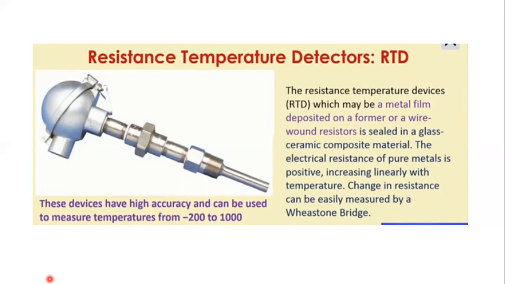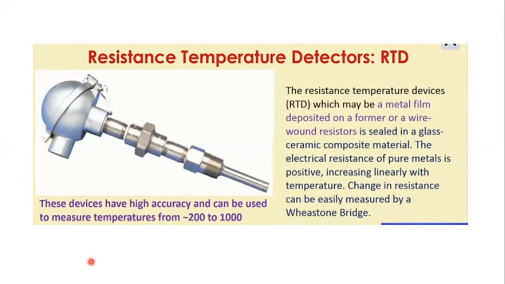And we use copper wires to construct an RTD to measure a temperature range below 300 degrees Celsius. To measure a temperature range below 300 degrees Celsius, we use copper wires. And if we want to measure a temperature above 300 to 600 degrees Celsius, we use nickel. And the most commonly used one is platinum wire because it can measure from 4 Kelvin to 1064 degrees Celsius.